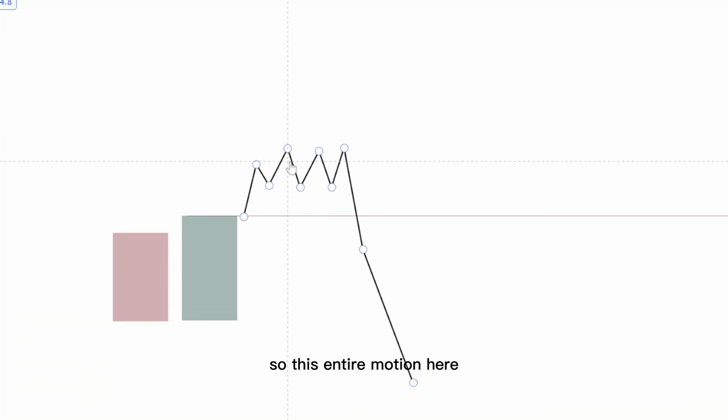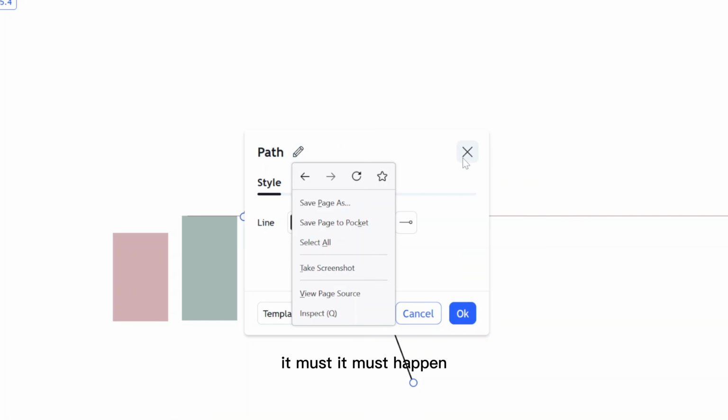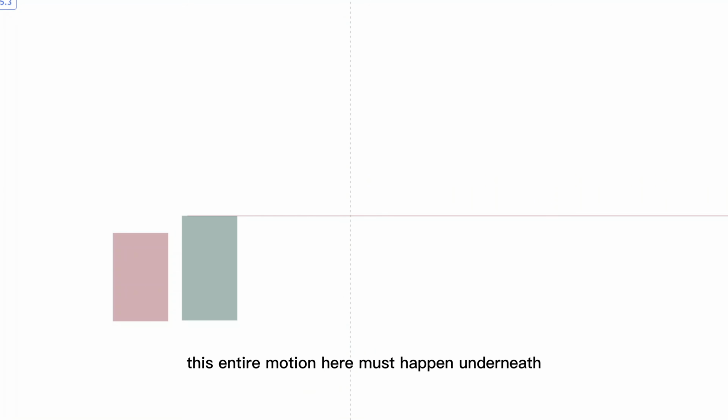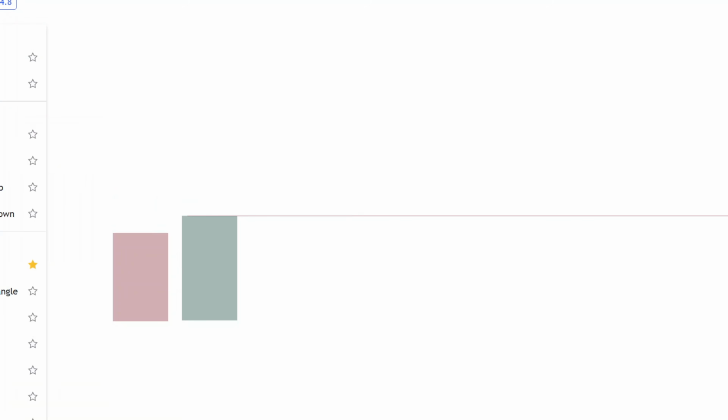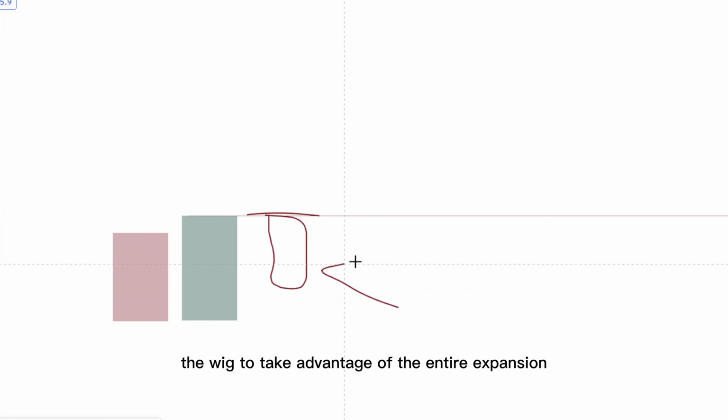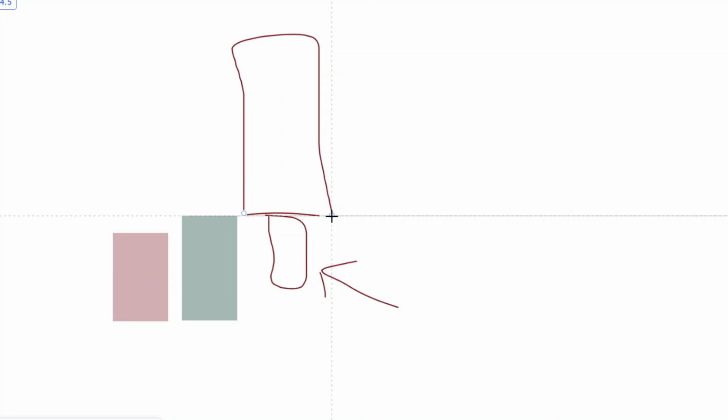So this entire motion here must happen underneath your daily open. Why underneath? Because you want that wick to form. When that wick forms, you can get in the wick to take advantage of the entire expansion.